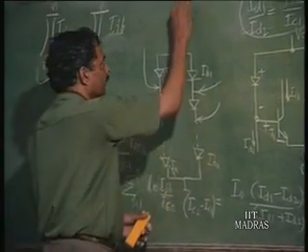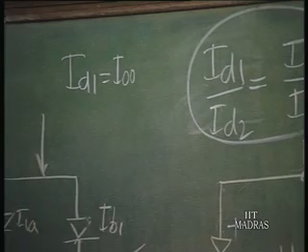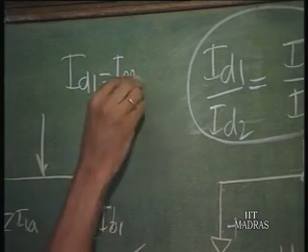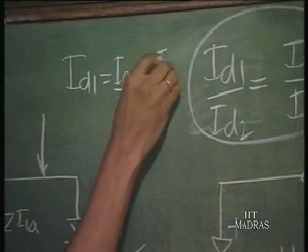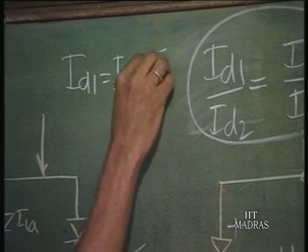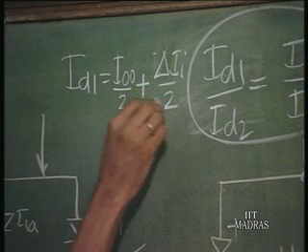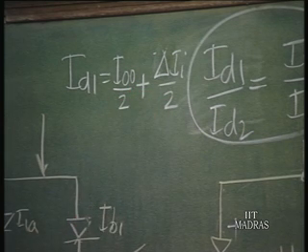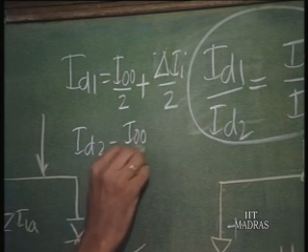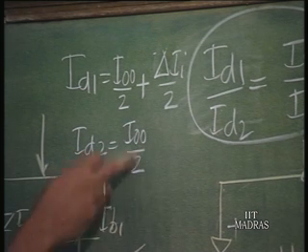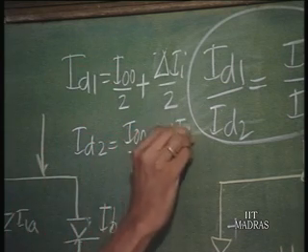I can make I D 1 equal to, let us say, I naught naught, a DC current, by 2 plus delta I by 2, input differential current, and I D 2 equals I naught naught by 2, this is the common current which is common to both, minus delta I by 2.